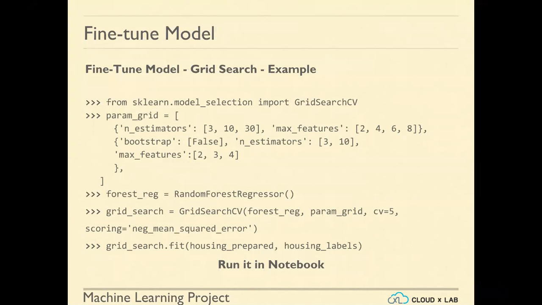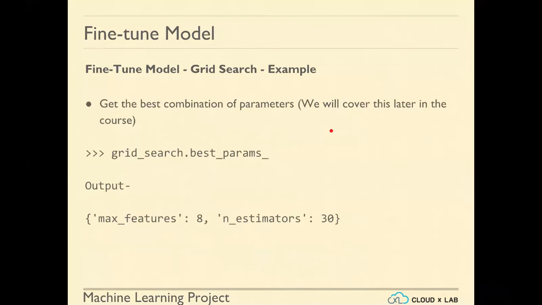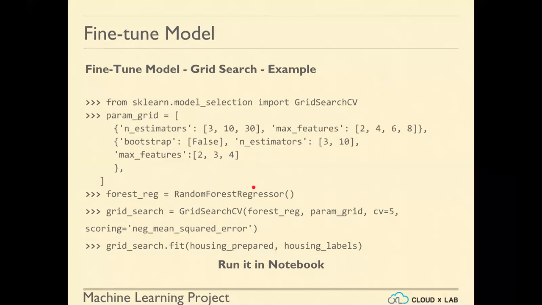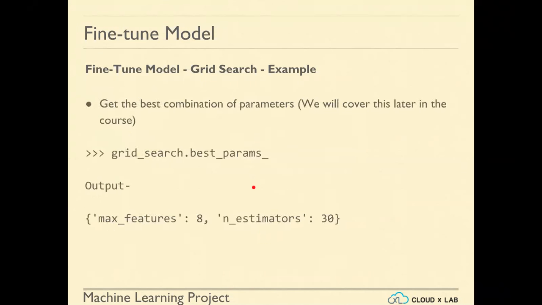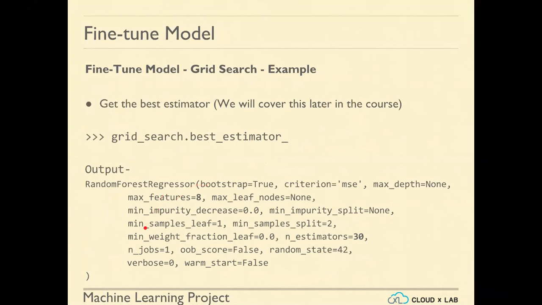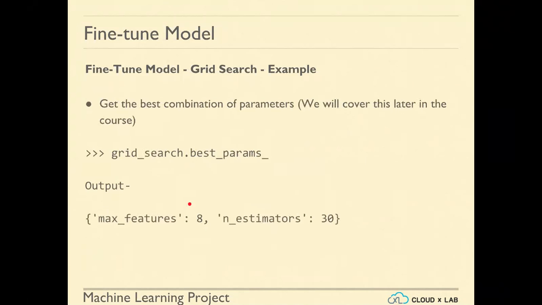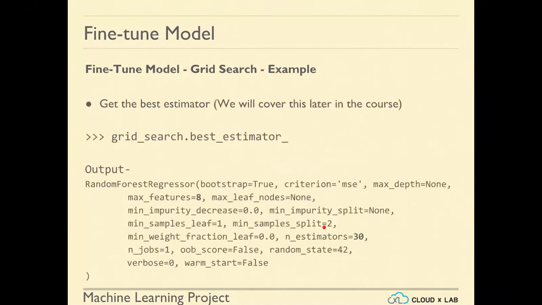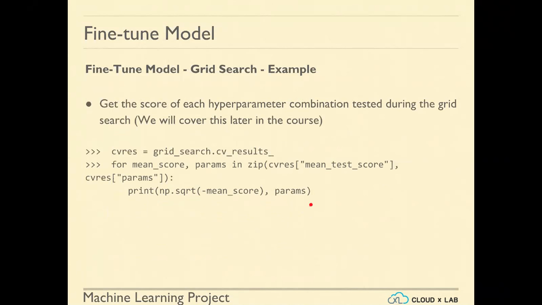Once you execute the search, it will come up with the best parameters. For us, it figured out that the best parameters were max features 8 and number of estimators 30. So that's the idea behind grid search.